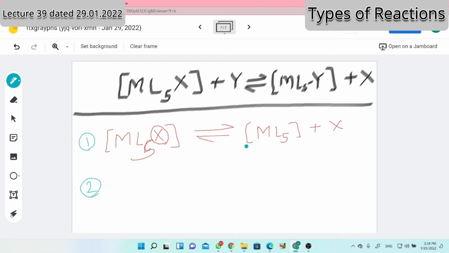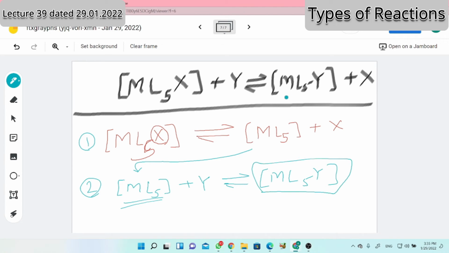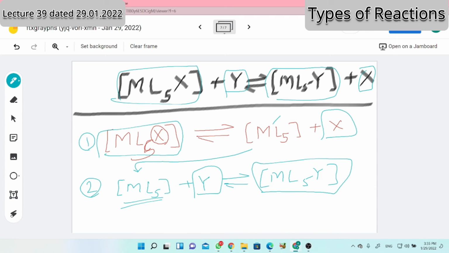Second step, from this intermediate, ML5 plus the ligand which will add later on, that is Y. Now this 5 coordinate intermediate is unstable, 6 coordination is stable. So the 5 coordinate intermediate combines with the other, Y. So the net complex will be ML5Y. It is the result which was shown here. It was our reactant which was shown here. It is our product. So sorry, the other reactant is shown here, and the product is shown here. ML5 and ML5 will get cancelled in the net reaction.